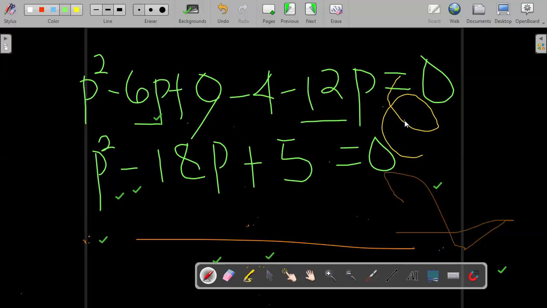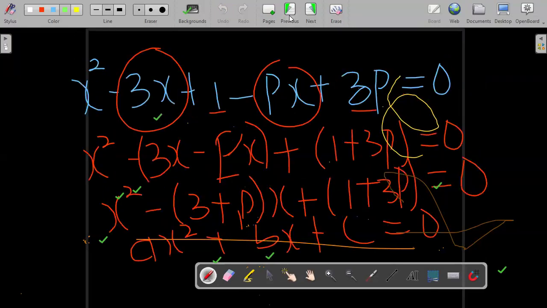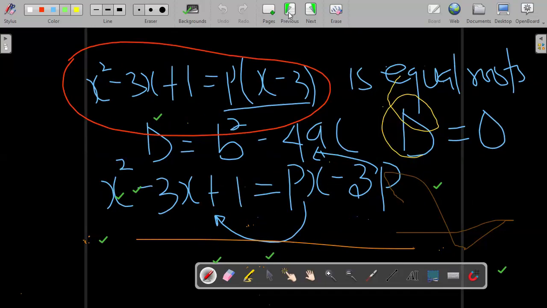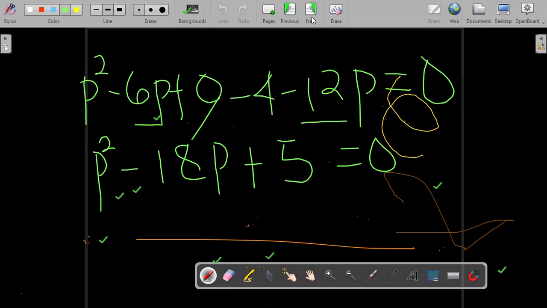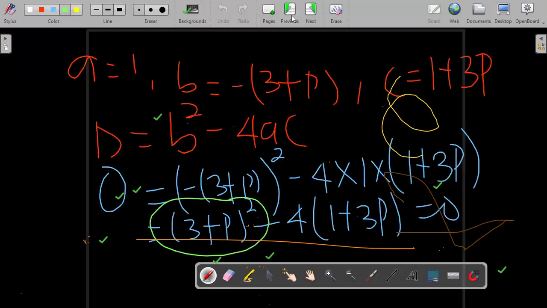That is what we are left with. So all you need to do is to factorize this expression. What can you multiply to give you 5, and add up to give you minus 18? You multiply to give you 5, and if you add up, it gives you 18.